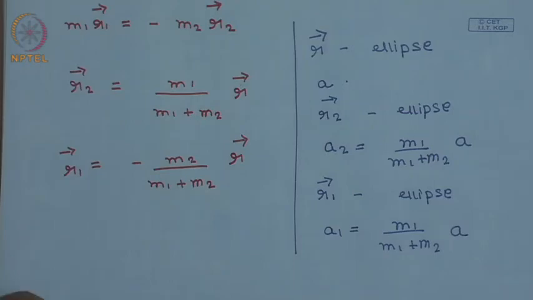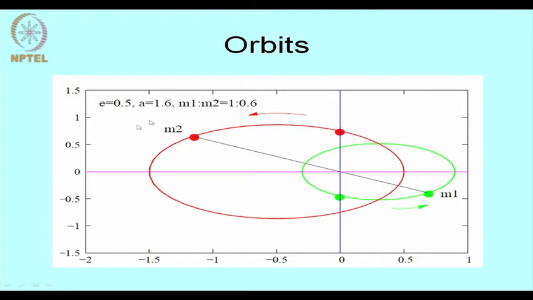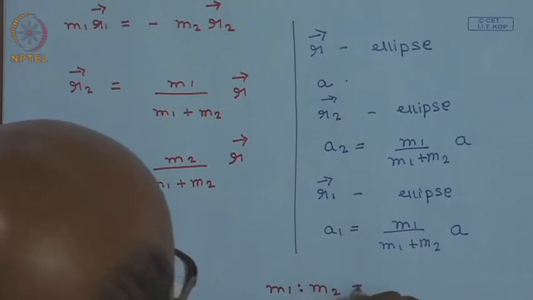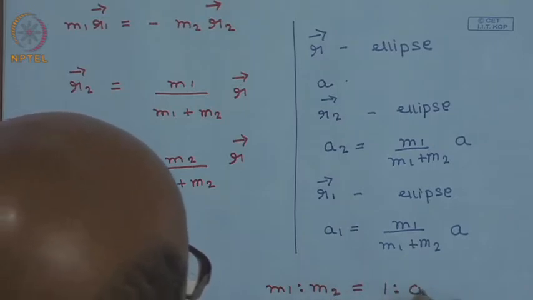So, let me now show you an example of what the orbit looks like. So, this picture on the computer screen shows you the motion of two objects which are moving in each other's gravitational field. We are considering a particular situation where the ratio of the masses M1 is to M2 is equal to 1 is to 0.6.